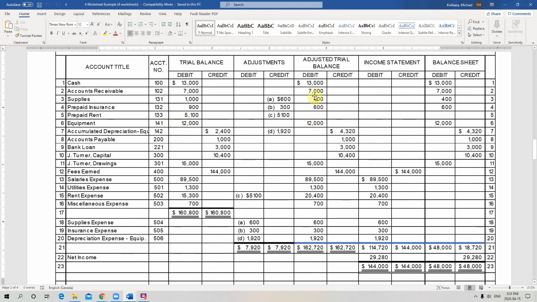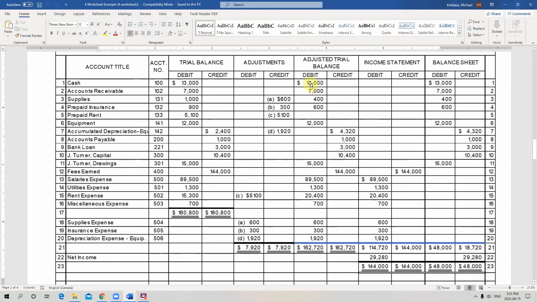So every account should have a number in the adjusted trial balance, whether it be 0 or a number. Now, the next step, once this whole column is filled in, is to transfer everything from the adjusted trial balance to either the income statement or the balance sheet.